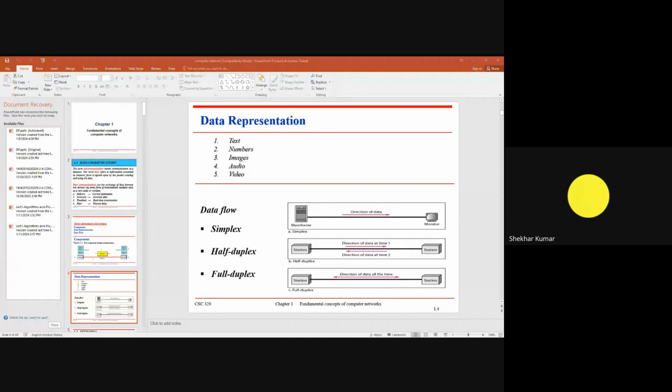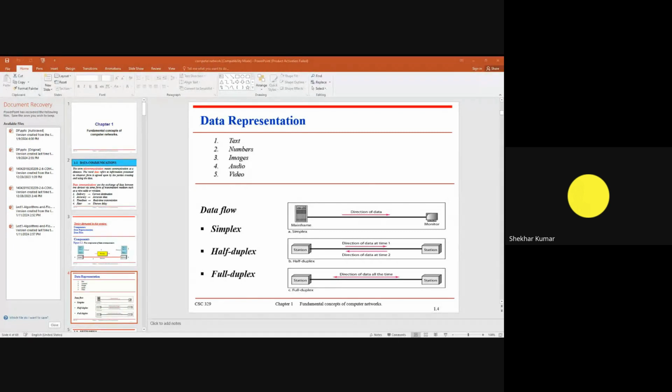And the receiver cannot respond back to the sender in the simplex mode.